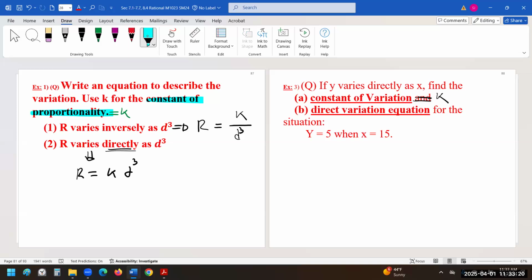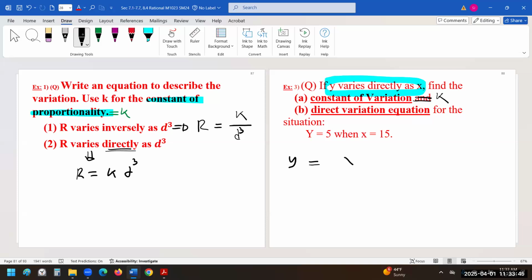So let's start with our scenario. Which variable is written first? X or Y? Y. Y is changing how? Directly or inversely? Directly. With which one? With what variable?